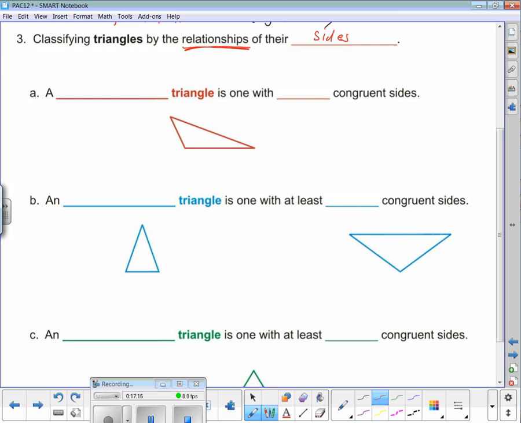But what do we call a triangle with no congruent sides? So take your black, and I'm going to put a 1 marking on that side, a 2 marking down there, and a 3 marking there. None of the markings match. That means none of the sides are the same size.